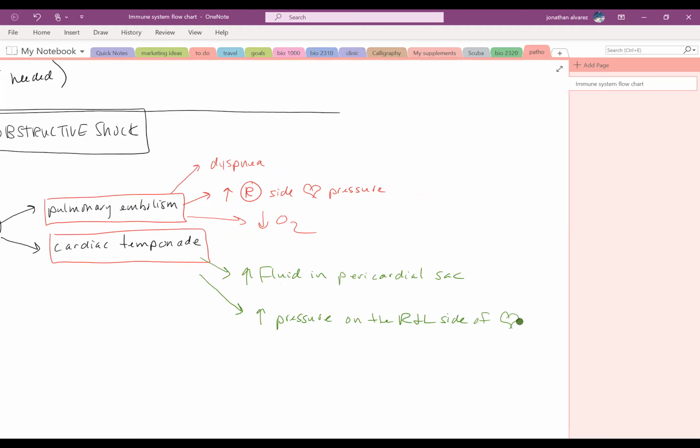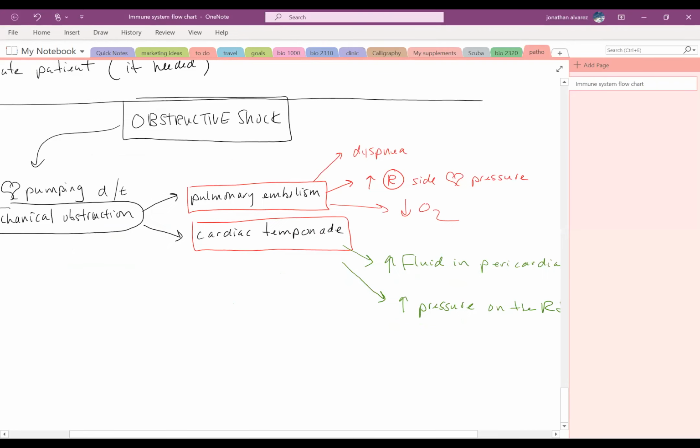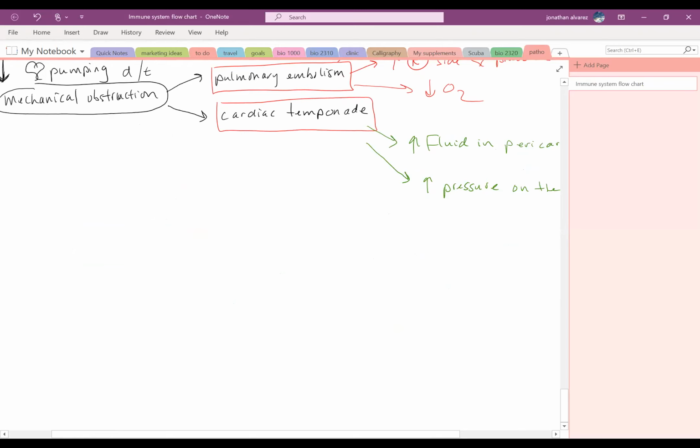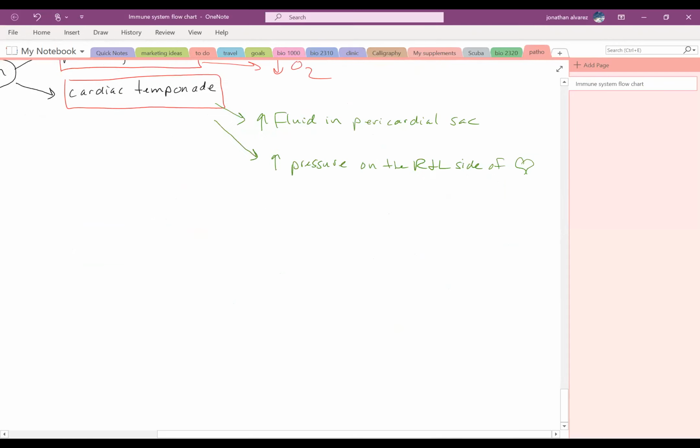You're just applying this pressure over the heart, and the more that you squeeze, the more you're constricting, the more pressure you're putting on the right and left side of the heart. But in this case, it's the fluid doing it. All right. So essentially, the heart feels like it's being crushed. This increased pressure would be crushing in on the heart.